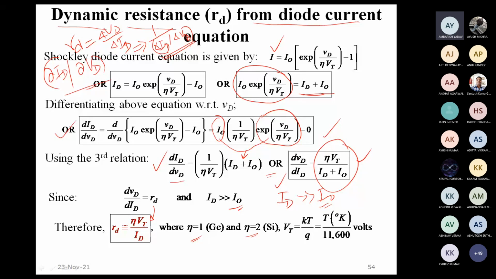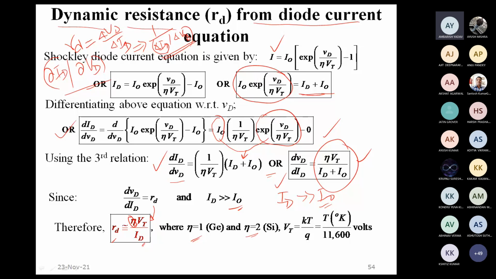So we can use this formula to compute the dynamic resistance. Knowing the value of the diode current and the ideality factor, sorry, this eta, which is also sometimes called the ideality factor, we can find out this rd.